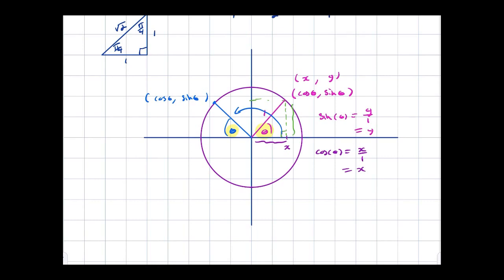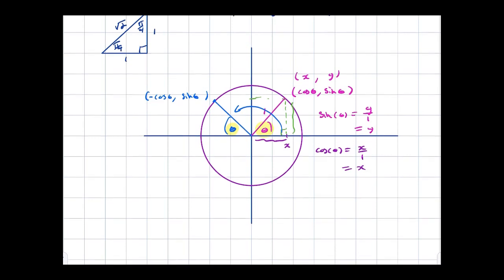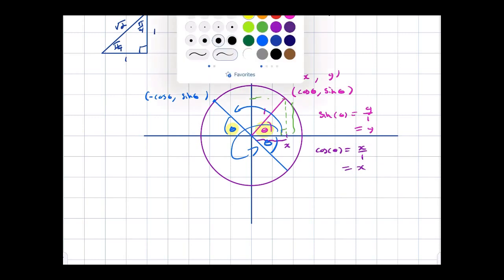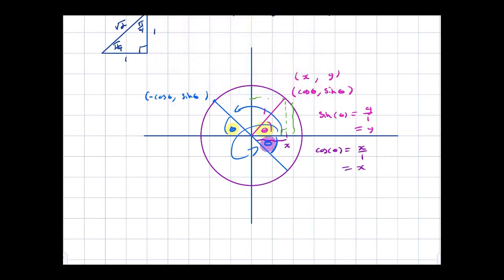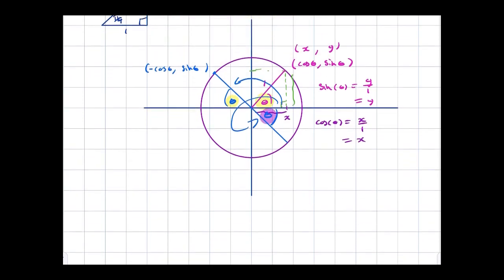Where am I in the plane? I'm to the left of the y-axis, so the cosine value, the x-coordinate, has to be negative. If I come down here, I think they call this the related acute angle, and the principal angle goes all the way around, so I rotate to make this angle theta in the fourth quadrant.